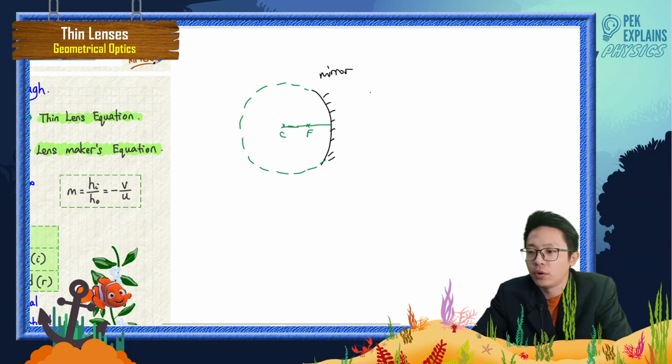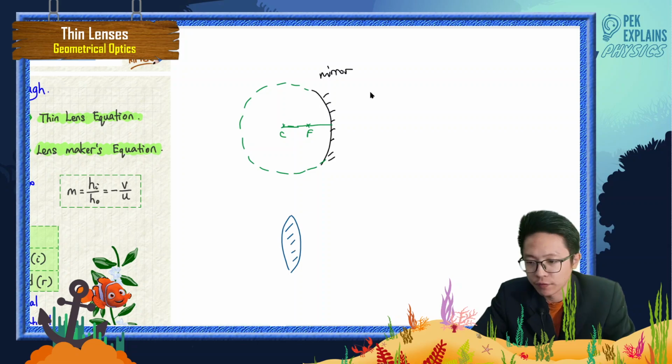But for a lens, let's say I have this lens. It has two curved surfaces, so it has two spheres, we can say. Here is one sphere, and here is another sphere.